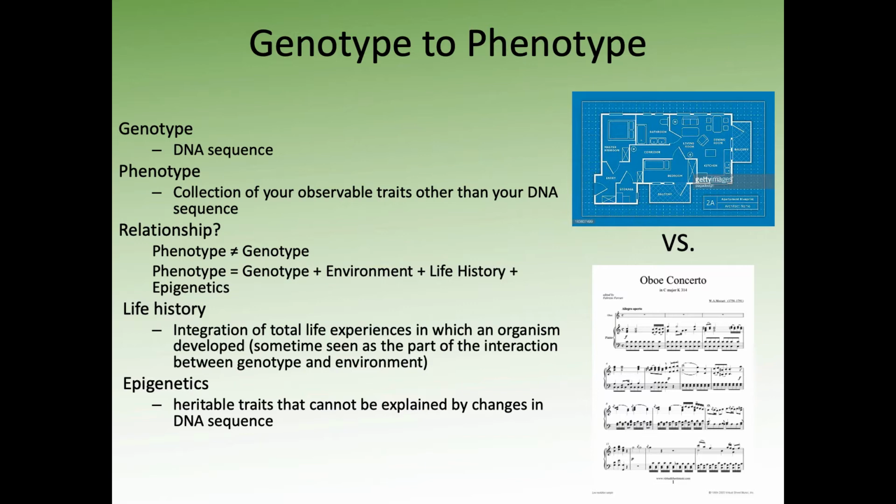We're going to have a blueprint for what the phenotype should look like, when in fact it's not as easily done as that, and it's more like an oboe concerto, where how it actually sounds, the music that you actually get out, will depend a lot upon who's playing the instrument, their training, the humidity of that day and how it affects the oboe, the conductor, any number of things, right?